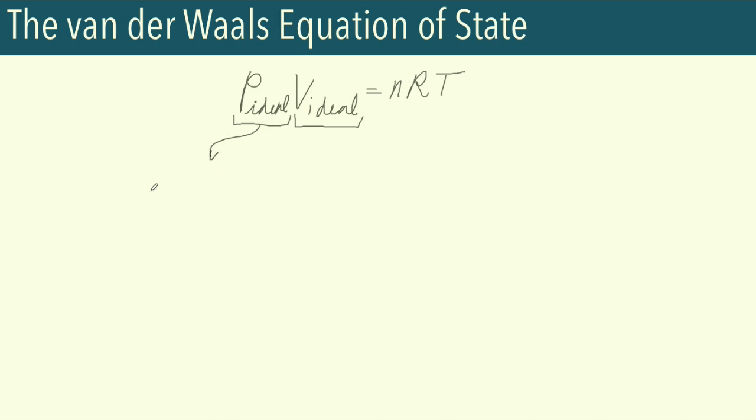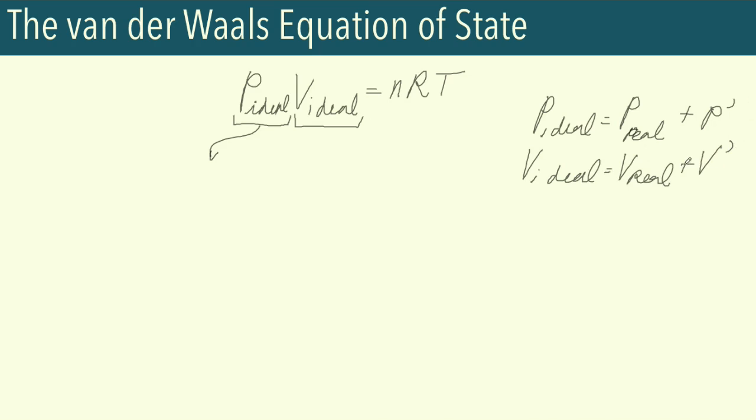So what we're going to have here is that we're going to be including corrective terms. Actually, the ideal pressure is going to be equal to the real pressure plus some corrective term, P prime. The ideal volume is going to be equal to the real volume plus some corrective term.